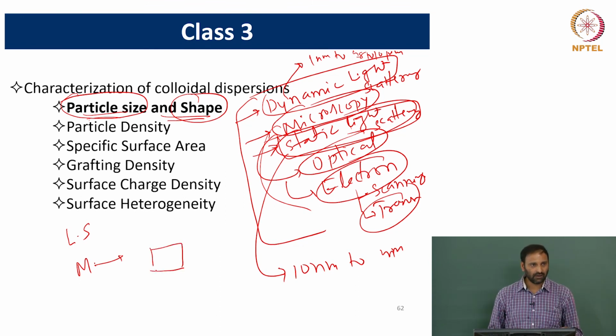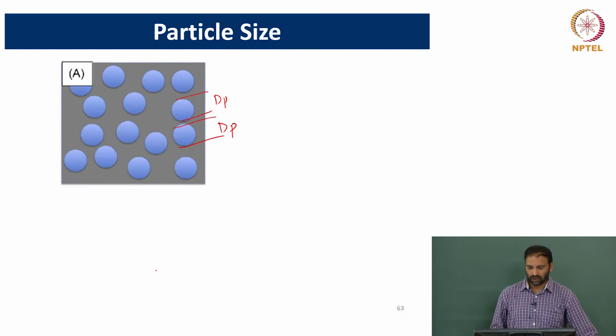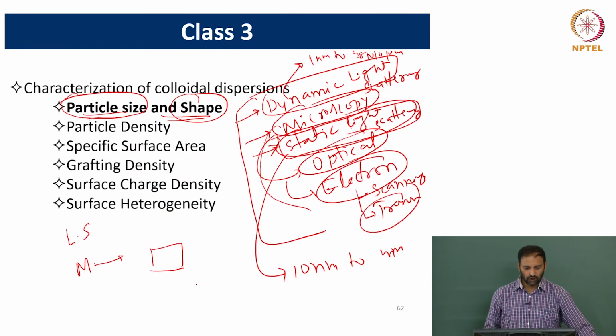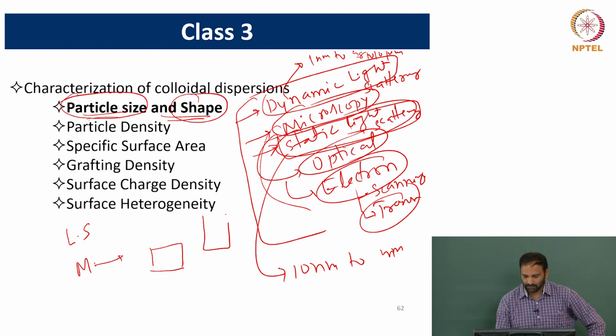This is an image from microscopy, and all you have is maybe 20-30 particles. Of course, I can play with the magnification and get a large number of particles in this window. However, when you do analysis, people typically limit the number of particles to maybe 50, 100, 200, something like that.